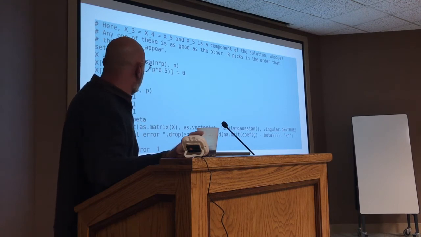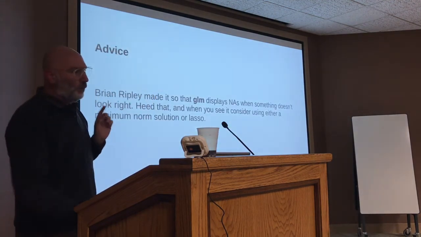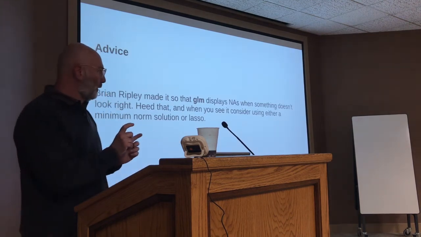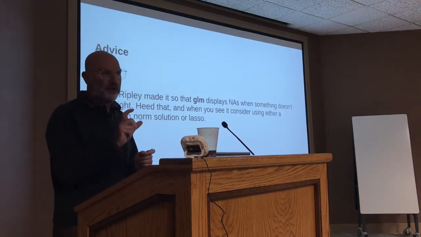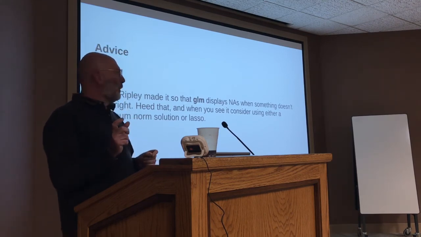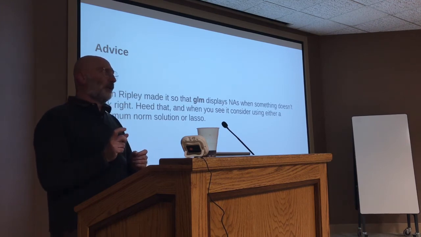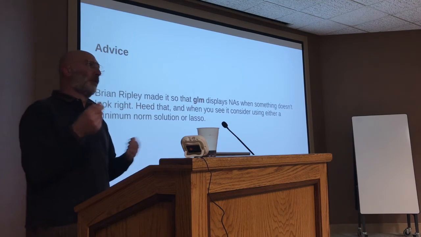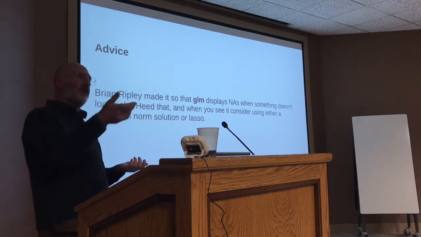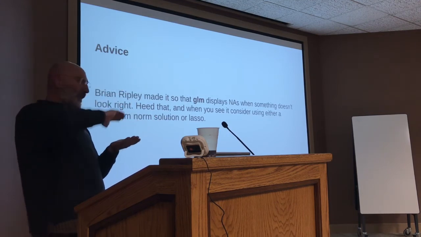This is the wrong approach. At least Ripley did a really good thing, though. In both of those cases, if we looked at the solution, we'd see NAs in some of the positions. And if you ever see that in R, or you get one of its weird errors, like with the logistic that you have overfitted zeros and ones in your solution, that weird error means that your data are all on a line in the systematic component.